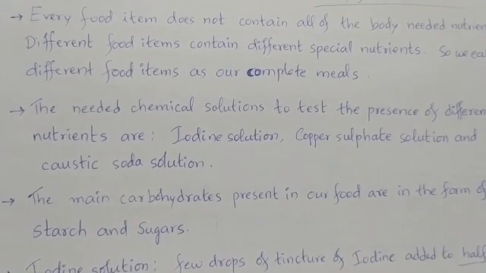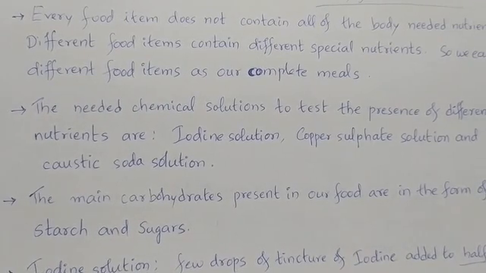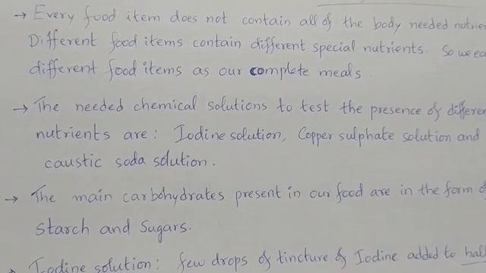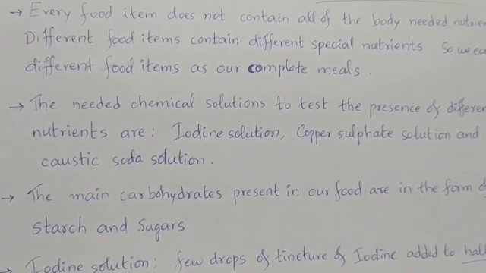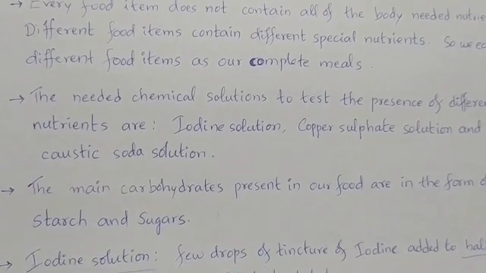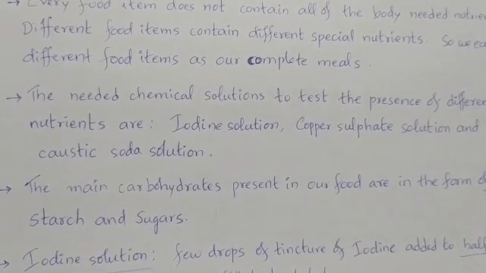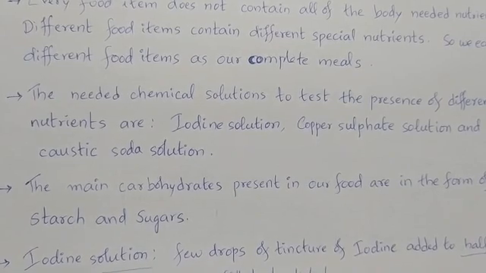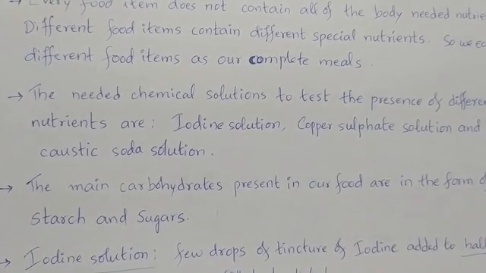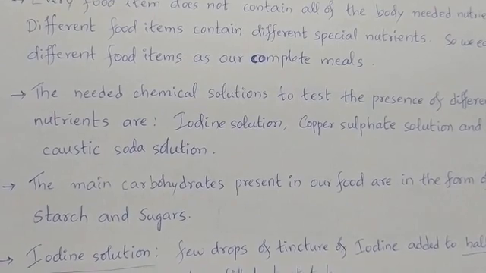To conduct these chemical tests, we need certain chemical solutions. The needed chemical solutions to test the presence of different nutrients are iodine solution, copper sulfate solution, and caustic soda solution.